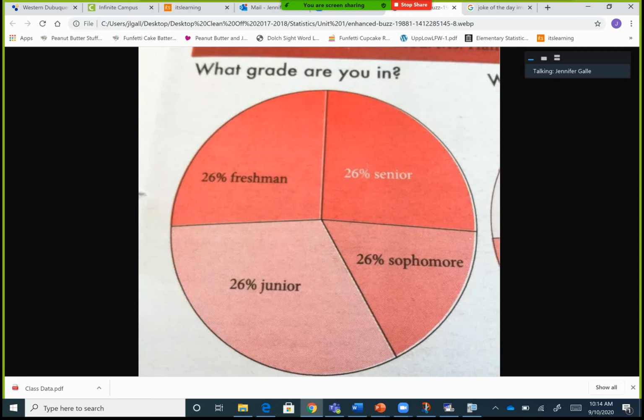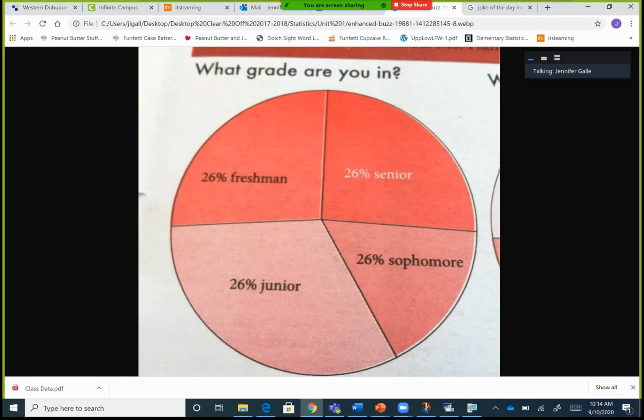What else does anybody notice or kind of wonder about at all? What do we think? My question when I saw this was, who the heck did this? This made me a little nervous. I couldn't find the actual school it came from, but this is from a high school. Somebody did this at a high school. So I found this because this unit, we are going to be graphically representing our data.